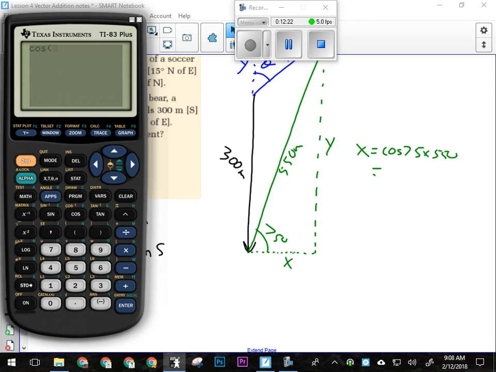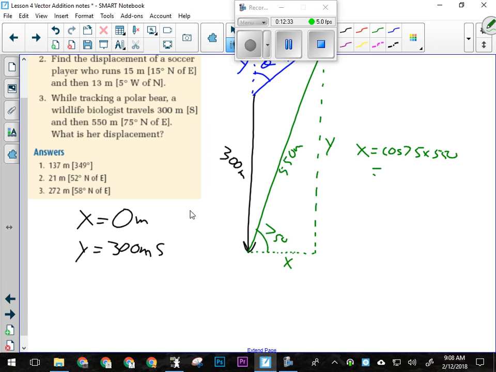So cos of 75 times 550 gives us 142.350. And guys, just for the sake of expediency, I am going to round off my numbers here just so I don't have to remember them all.